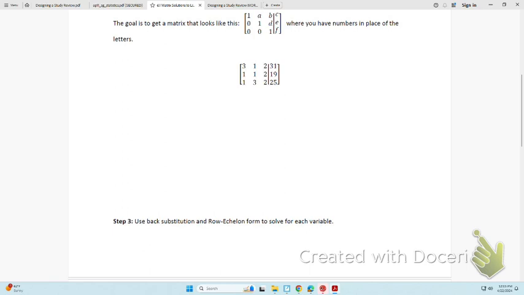I'm going to give myself lots of room, and what I'm going to do first is flip row 1 and 2, because I noticed that row 2 has a 1, and that will give me a 1 in the top left, which is what we need.